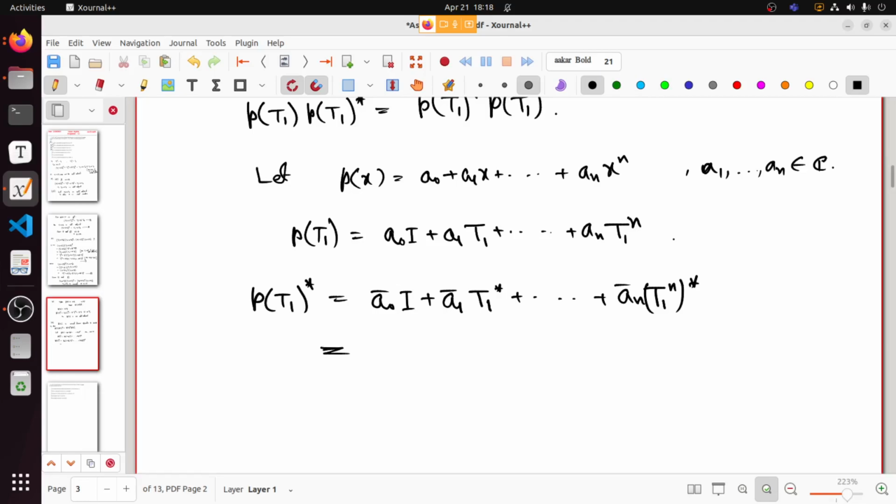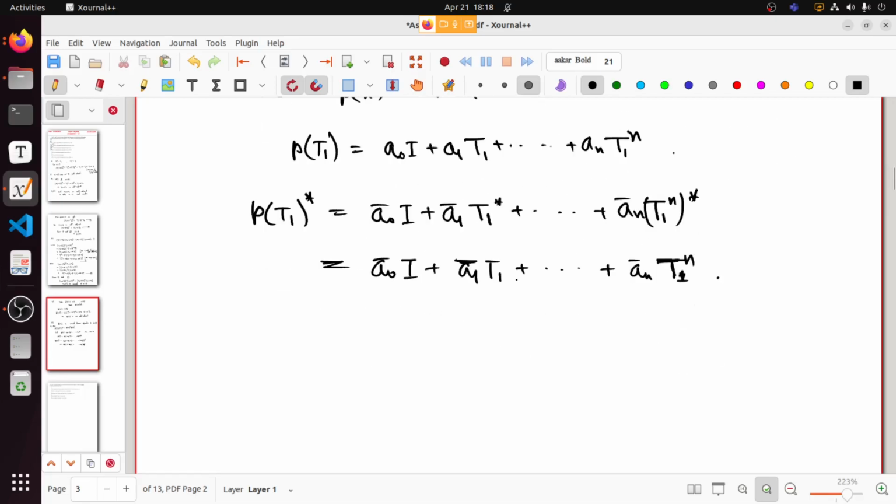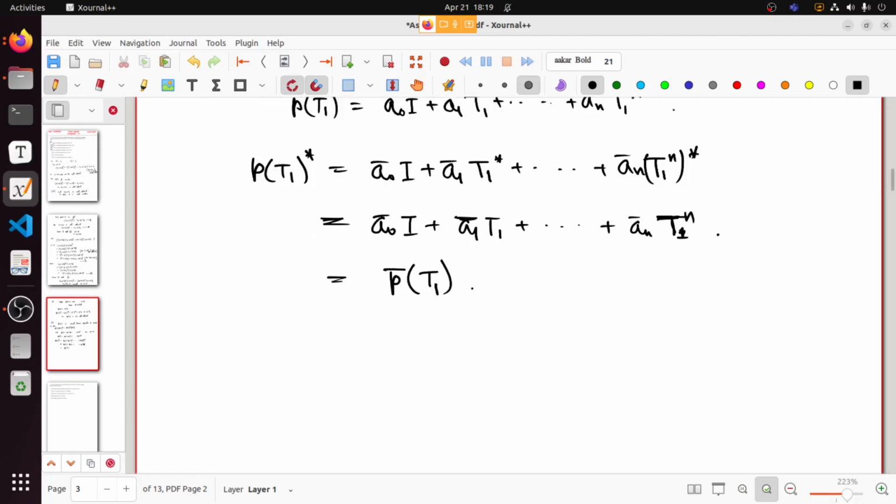As T1 is self adjoint, what you will get is a naught bar I plus a1 bar T1 plus dot dot dot, and since the powers of T1 commute, an bar T1 to the power n. So this is the adjoint, which is basically the polynomial P bar of T1, right?